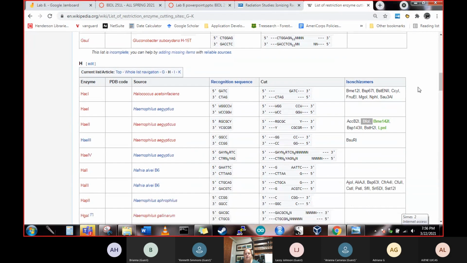Usually a restriction enzyme is denoted by 3 letters and then a number, so HAE3 or HAE4, and it's indicative of the source of the restriction enzyme. So for HAC, it's referring to Halococcus actonifaciens. I'm not pronouncing that correctly. Usually the 3 letters refer to the bacteria that they found that restriction enzyme in, and then the number is which number of restriction enzymes they found. So apparently in this HAE, they found 4 different restriction enzymes.